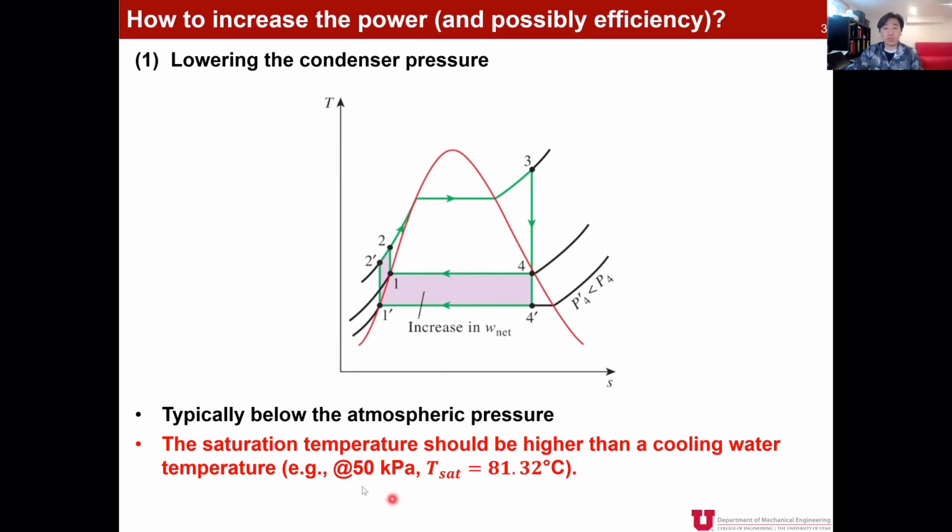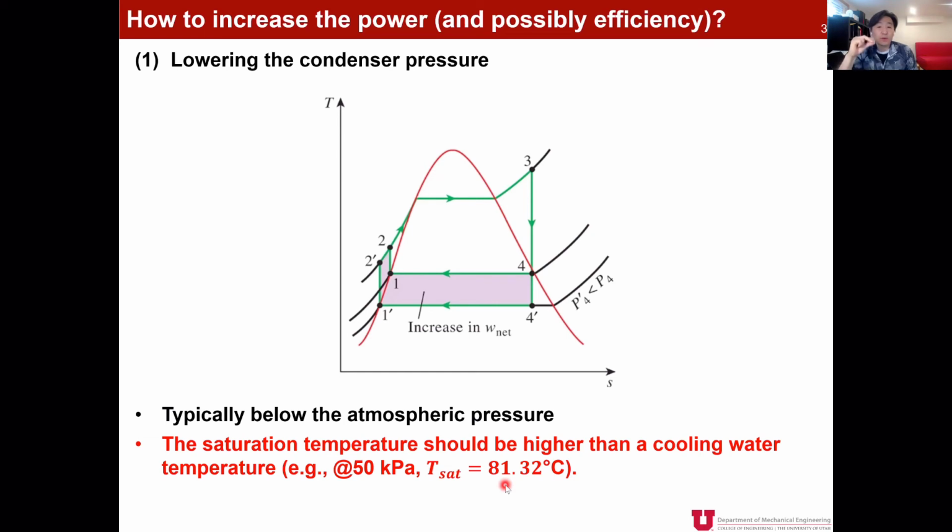For example, if we have 50 kilopascal as a condensing pressure, your saturation temperature should be 81.32 degrees Celsius. So that is a good temperature, where we can reject the heat to the outside temperature, which is maintained at around 15 or 20 degrees Celsius. But you have to think about the outside temperature in order to lower the condensing pressure more and more and more.